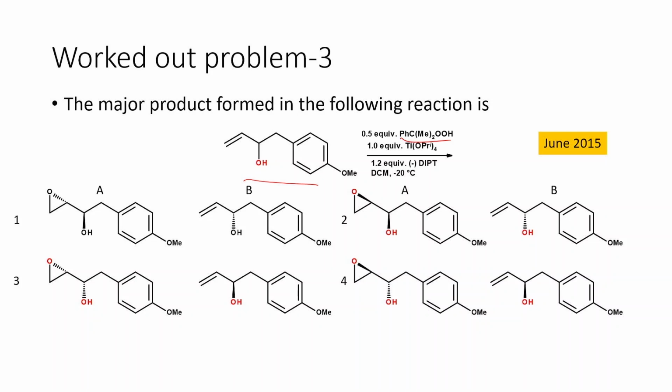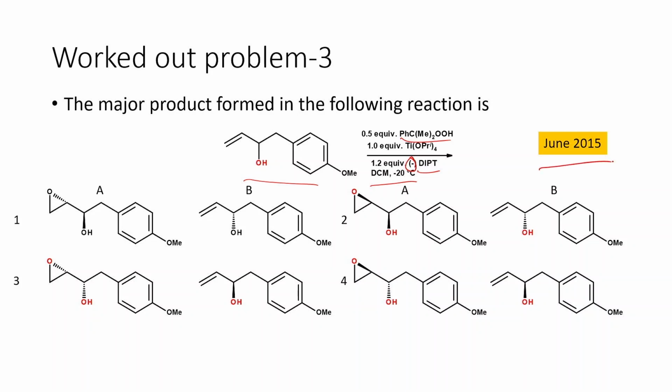So the cumene hydrogen peroxide followed by reaction with titanium isopropoxide, that is a metal catalyst, and 1.2 equivalent of DIPT. So instead of the diethyl derivative, here we have the diisopropyl tartrate derivative. The enantiomer we are using is the minus enantiomer, and the reaction is carried out at minus 20 degrees centigrade in DCM solvent.